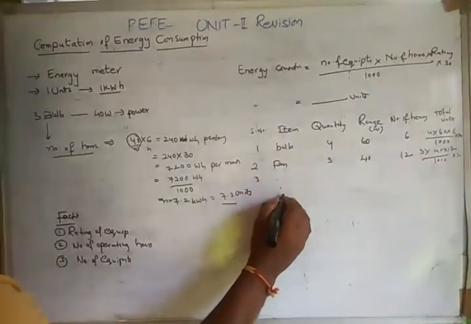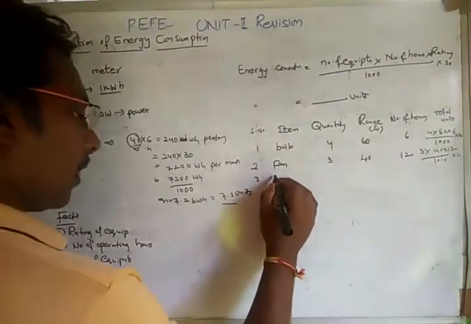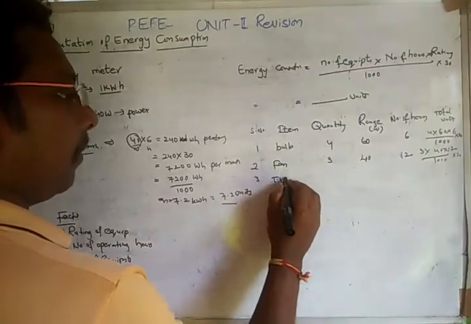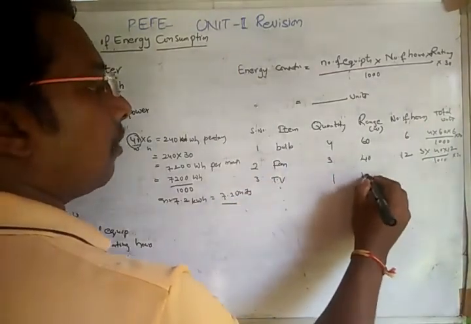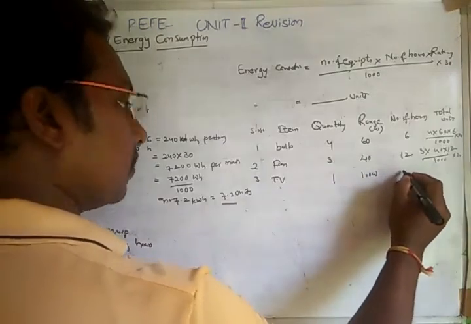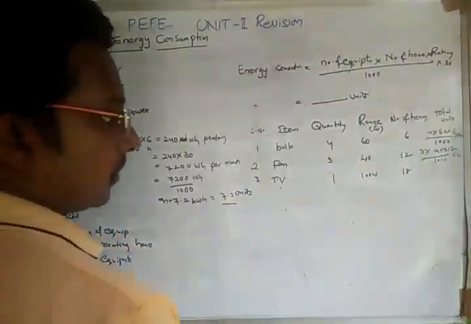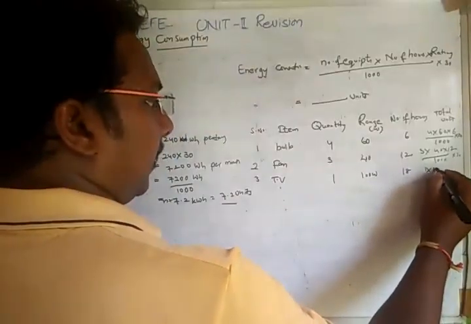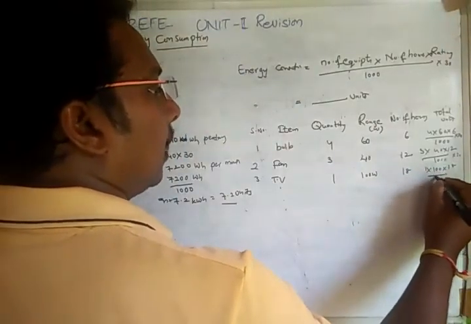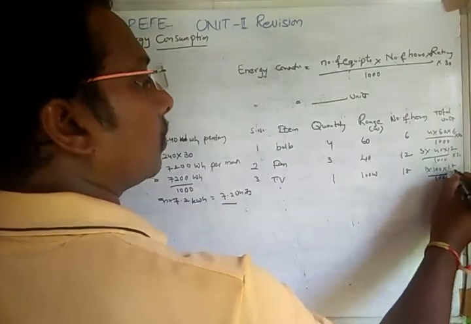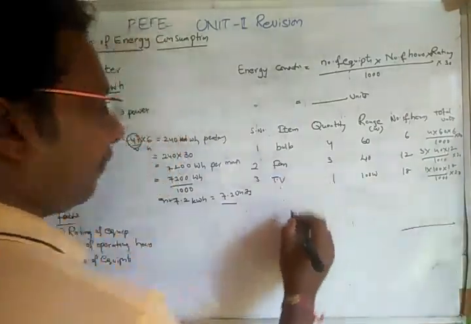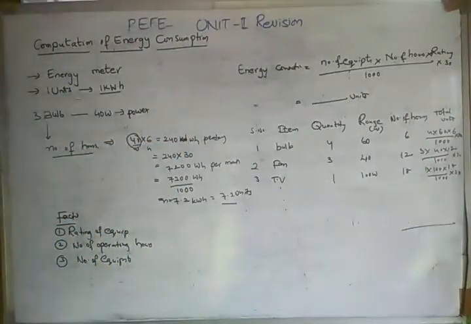Likewise, for a television of 100 watts, generally 18 hours, the energy is 100 into 18 by 1000 into 30.